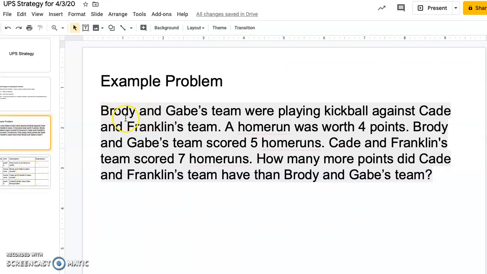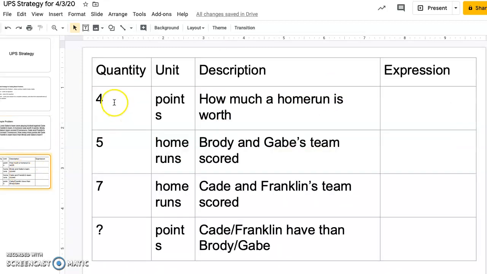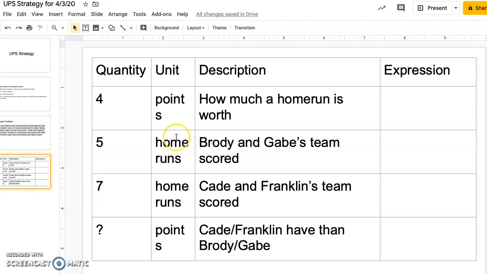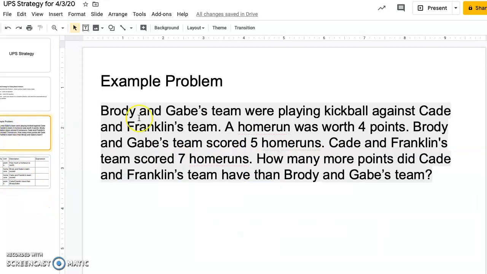All right, let's see if we can figure out our expressions. Let's reread and make sure we're doing it right. Brody and Gabe's team were playing kickball against Cade and Franklin's team. A home run is worth 4 points. Do we have that? Okay, good. Brody and Gabe's team scored 5 home runs. Okay, we have that.